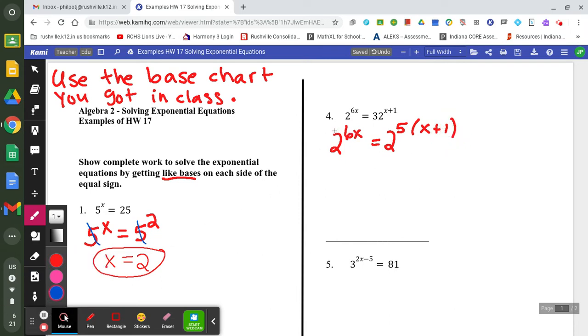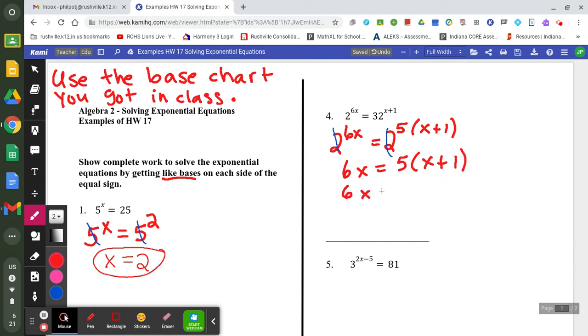And I have the same base of 2, so I can mark out the base 2, and then my exponents will equal each other. So 6x equals, and over here I have 5 times the quantity x plus 1. And I'll solve for x.